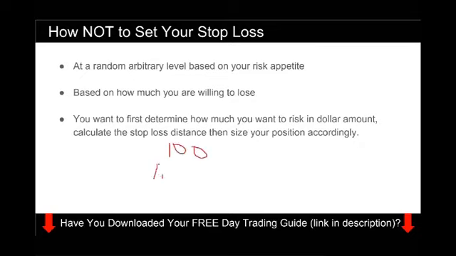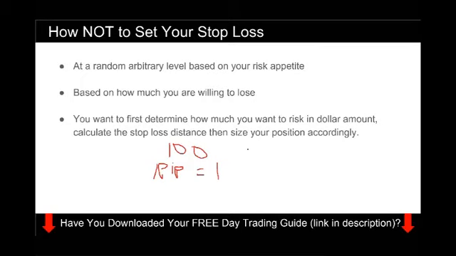So you are willing to risk $100 and one pip is $1, so your stop loss is 100 pips. Naturally, you only want to buy one mini lot, 0.1, because 0.1 is actually $1 per pip. I'm sorry if that's a bit confusing.